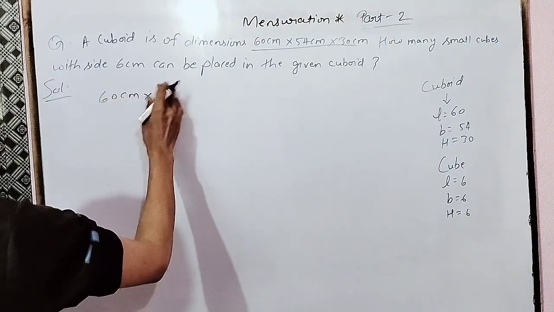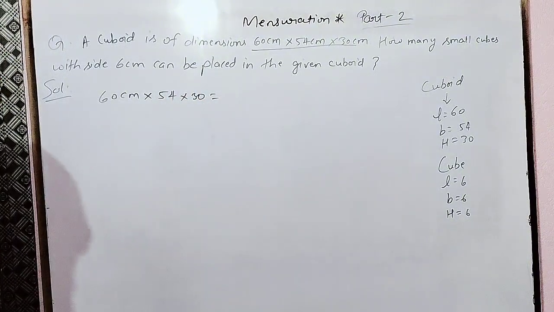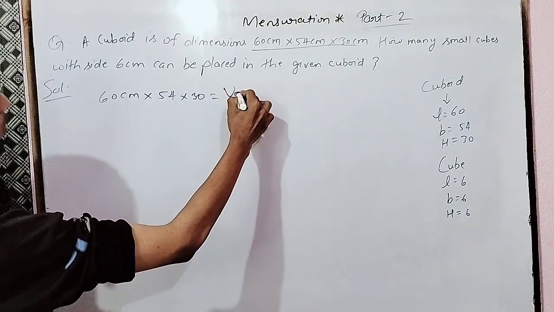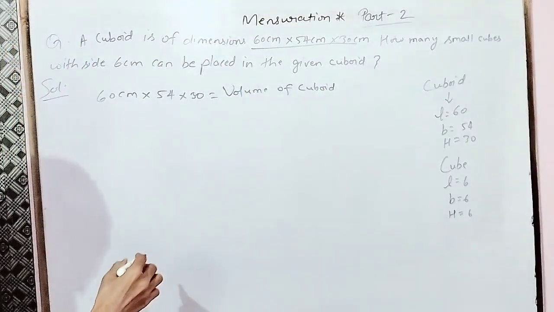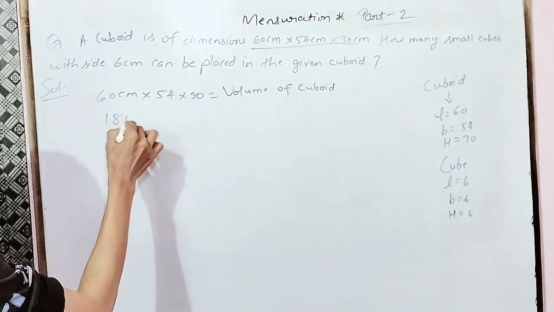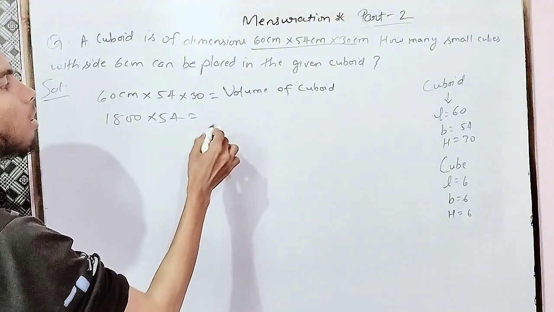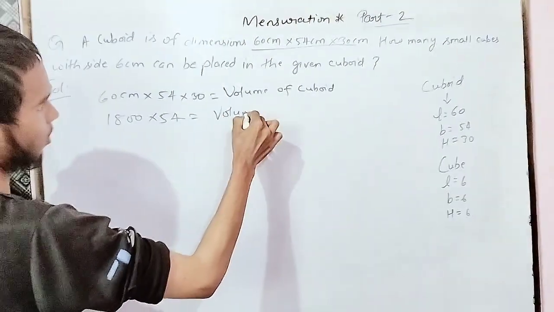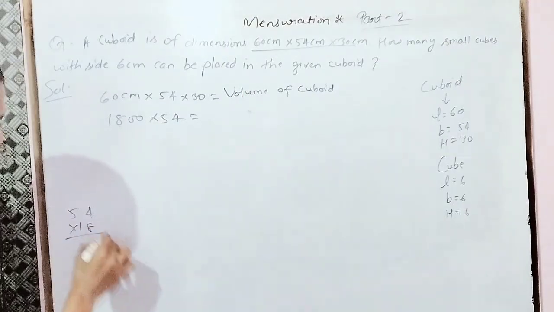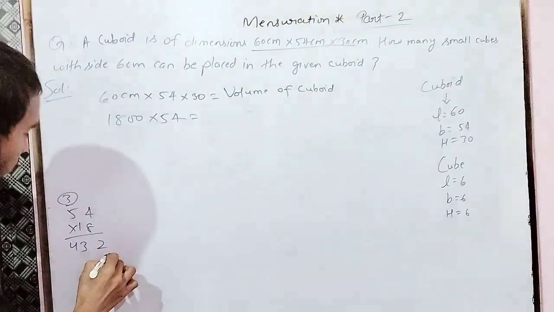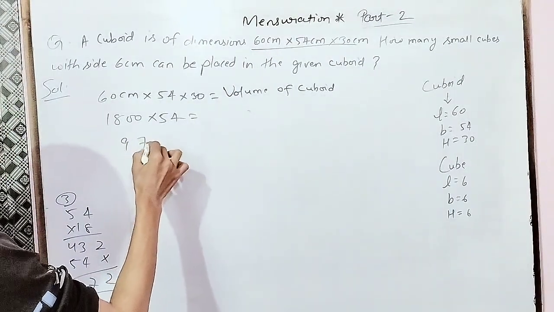60 centimeter multiplied by 54 multiplied by 30, which is the volume of the cuboid. 6 threes are 18, 18 times 54. 8 fours are 32, 8 fives are 40, and so on, giving 97,200.